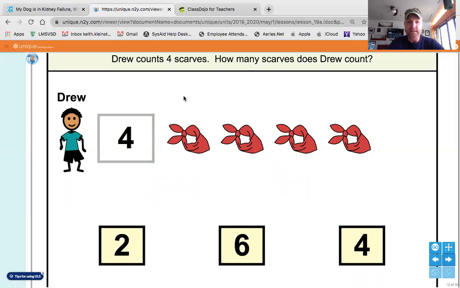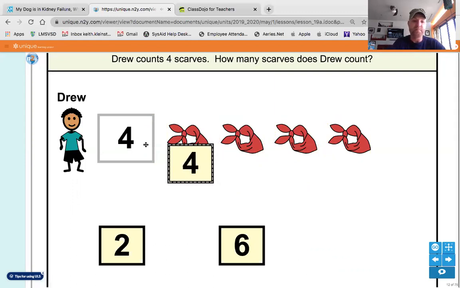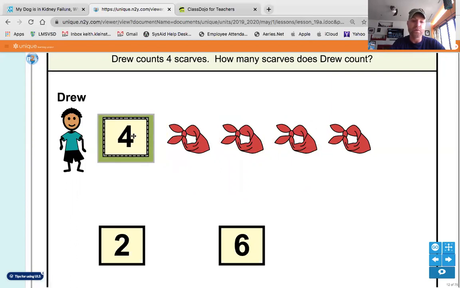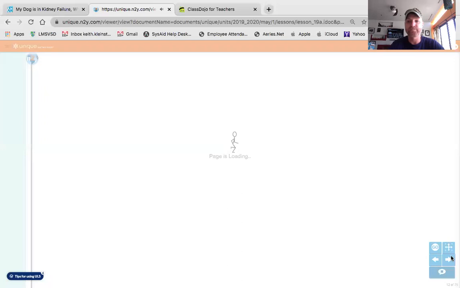Here it is again, but presented where they just have to match. So it's again 1, 2, 3, 4. My dogs are Zoom bombing us. Again, that's just matching. It gives you more support to be able to answer.